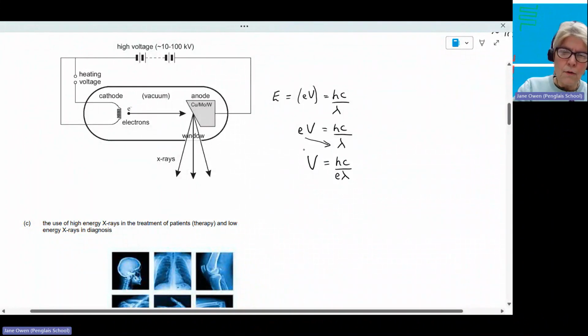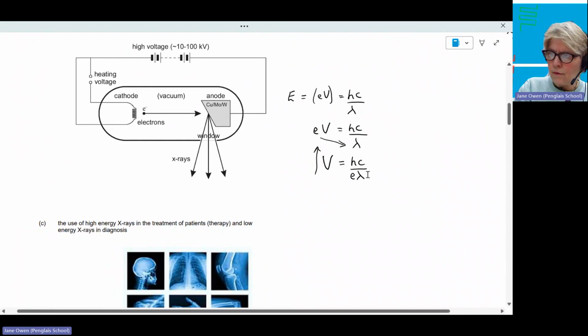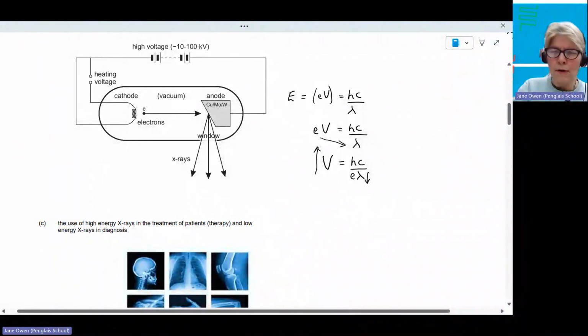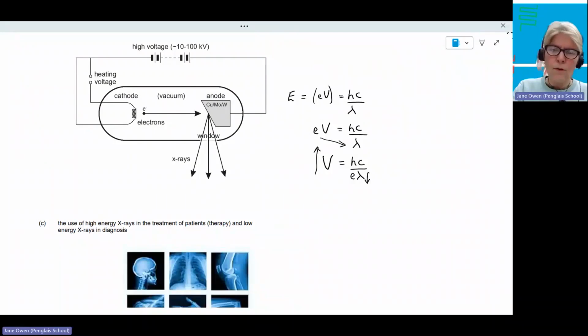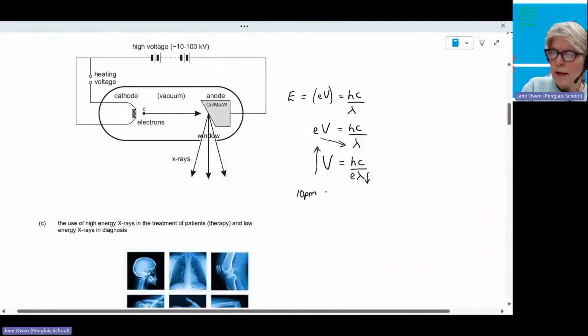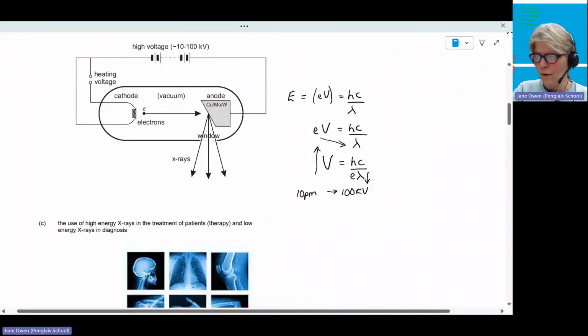So if you increase the voltage that you apply across the cathode and the anode, the wavelength is reduced. The greater the voltage, the smaller the wavelength. You'll notice that h, c and e are constant, so the voltage applied is inversely proportional to the wavelength. So for, as we saw, 10 picometers, we need around about 100 kilovolts in order to accelerate the electrons to produce that sort of X-ray.